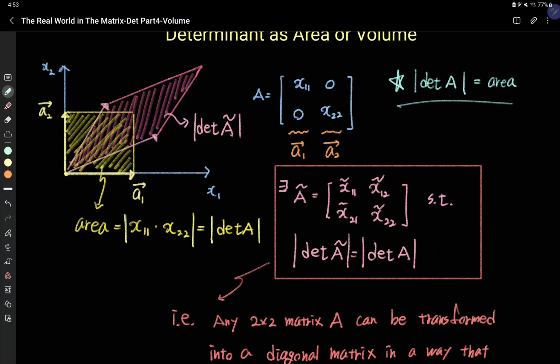So considering each column in A tilde as a vector and drawing them on the x1, x2 axis, we can draw the parallelogram. Then the area of the parallelogram is nothing but the absolute value of determinant A tilde.